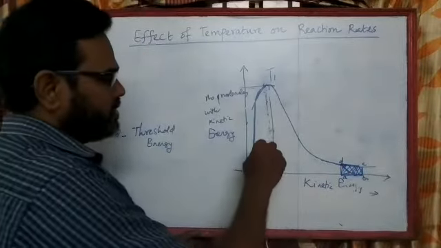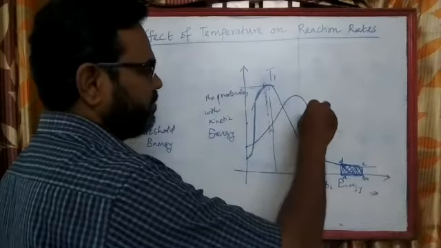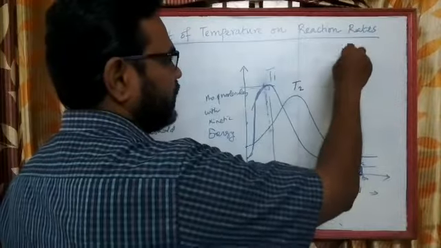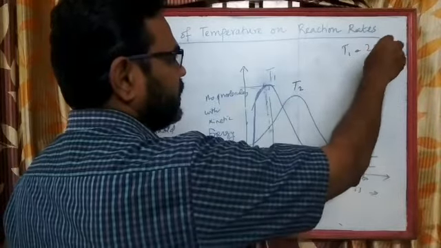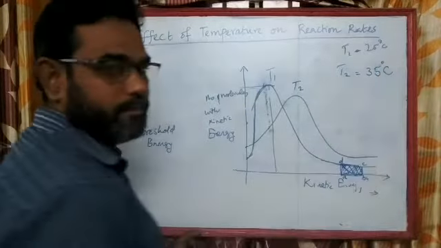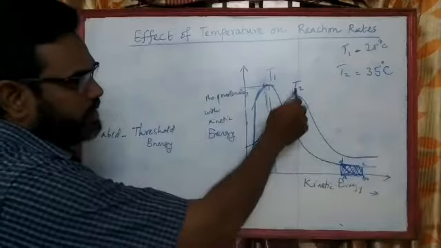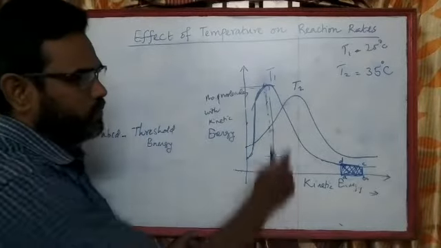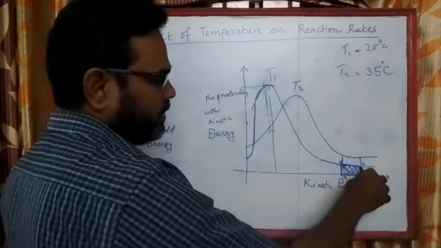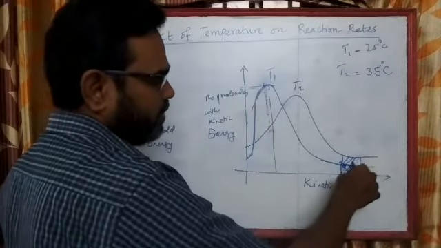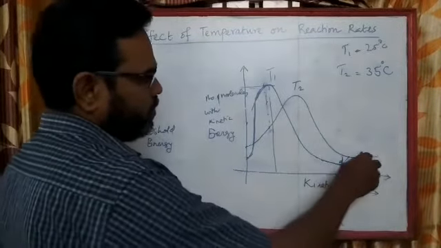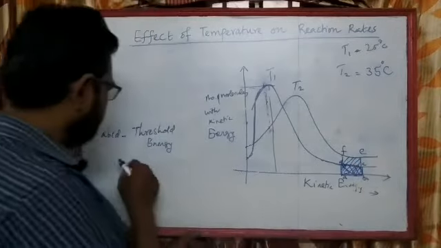Now if I study the same at an elevated temperature T2, say T1 is 25 degrees centigrade and T2 is 35 degrees centigrade, what happens is that the threshold energy of the molecule increases from ABCD to ABEF.